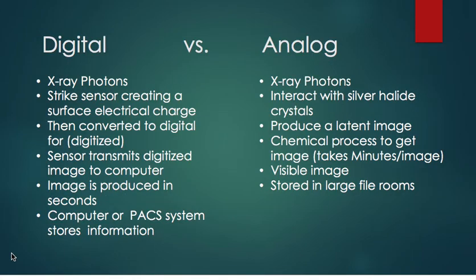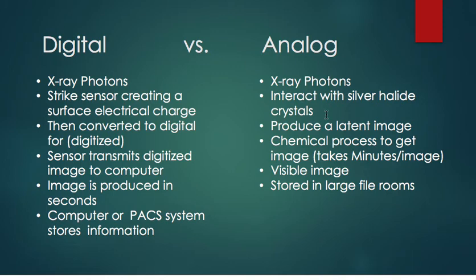So digital versus analog x-rays. They both use x-ray photons. With analog, the x-rays go into the cassette and they interact with the silver halide crystals, which then produces a latent image. So it puts that latent image on the film inside. What you have to do then is take that latent image and you have a chemical process to get that image out.